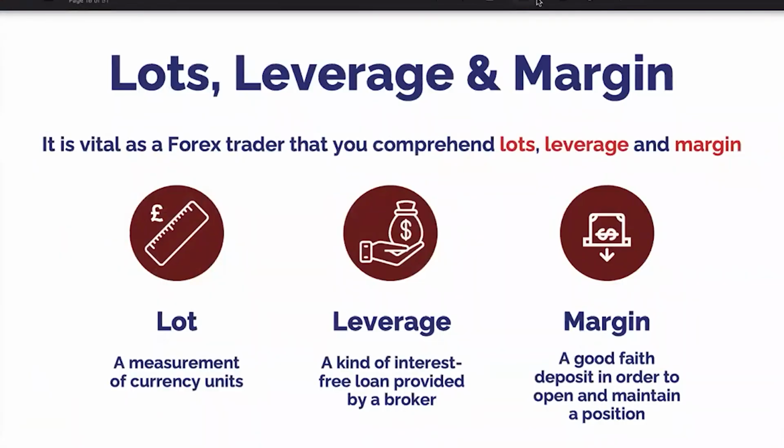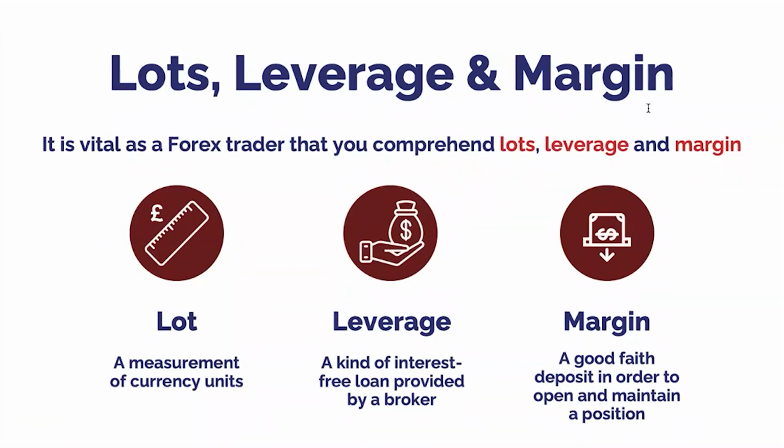So now we understand what Forex is and how it works in terms of currency pairs and pips. This is the most important part of Forex. This is what brings all the information together, and it's understanding what lots, leverage, and margin are. I am going to go into each of these categories in more depth, but just in a nutshell, so we can start to understand from a top level perspective, lots are considered a measurement of currency units.